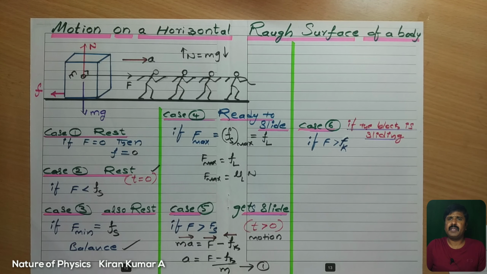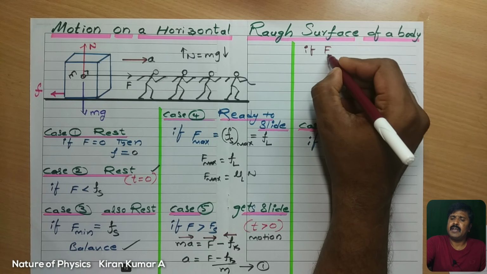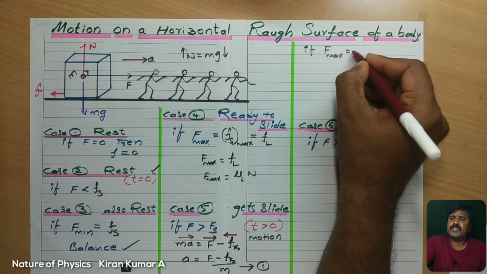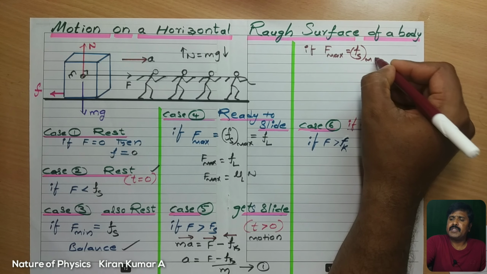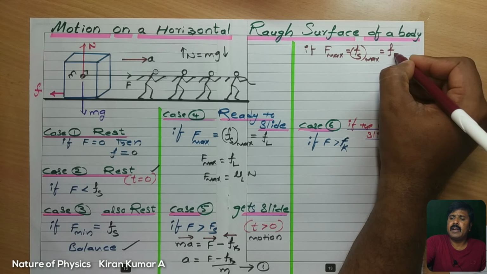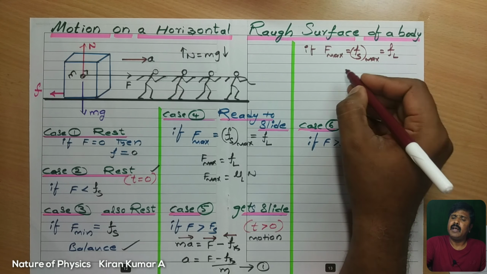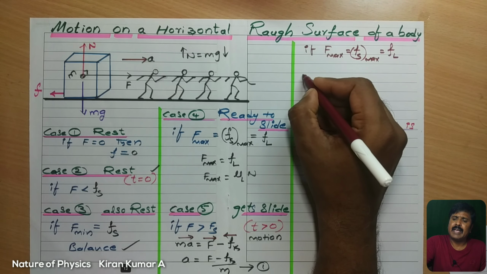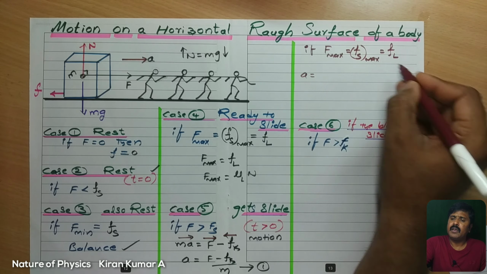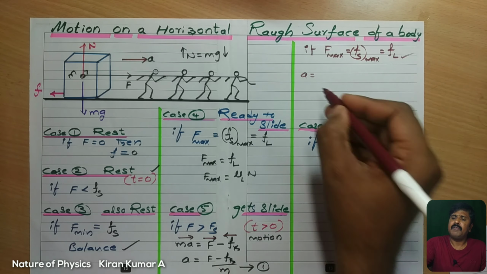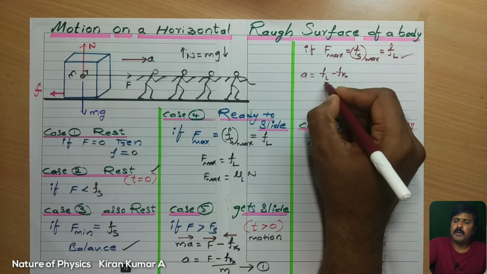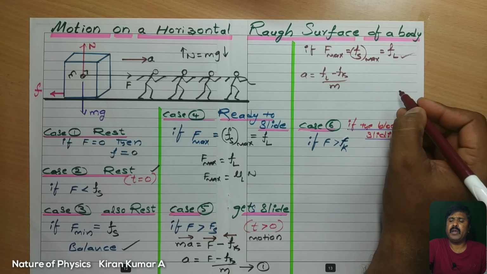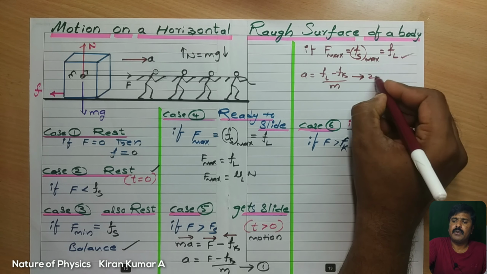Continuing, if we consider the applied force, that is F max, which is equal to Fs max, which is equal to FL, the limiting friction, student. So I can replace the value here: acceleration a is equal to, instead of F, I am replacing FL, student, FL minus Fk divided by m, student. Now this is equation number 2, student.